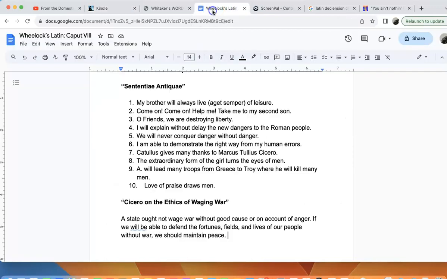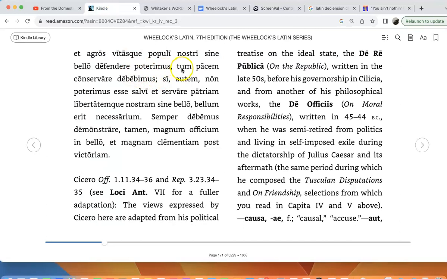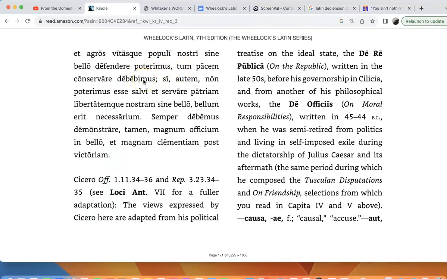So maybe I should be consistent. So then we will maintain peace. So we go back here. So tum means then. We will, or literally we ought to, but in the future tense. So we should maintain.